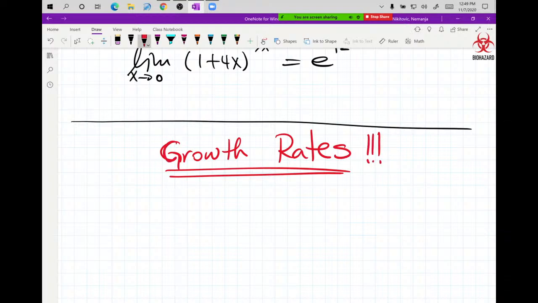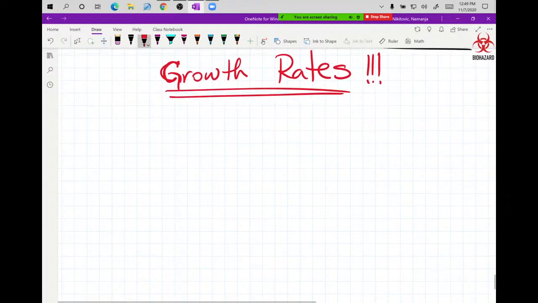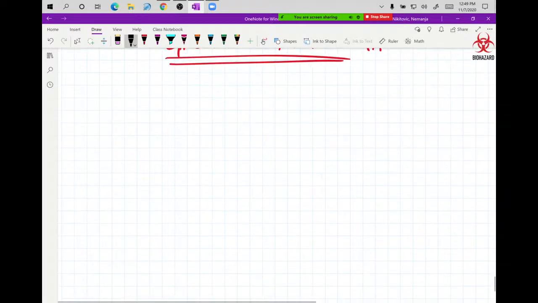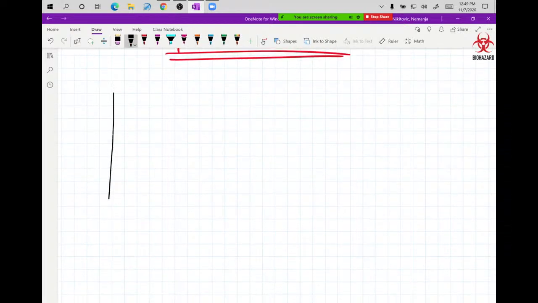This is a very important concept, especially going into Calc 2, because you don't want to take the limits when you don't have to take them. If you are able to through this knowledge, just quickly figure out what the limit is, then there is no reason to compute. Now, growth rate of functions. Let me just give you a quick rundown of what we are talking about here.